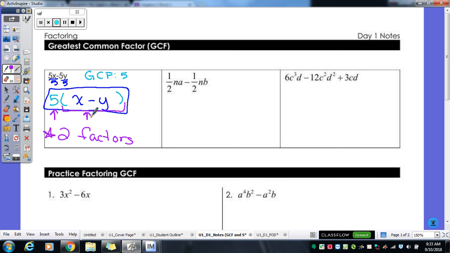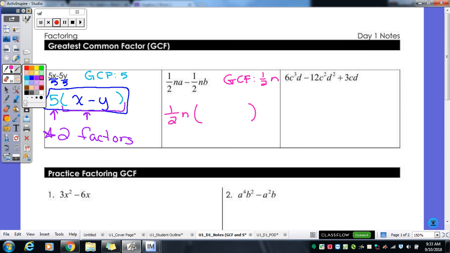All right, let's look at the second one here. What do they have in common? 1/2 and n. So that is what our GCF is going to be. So again, I do my little setup. I put my 1/2 n in the front. And then do one set of parentheses.